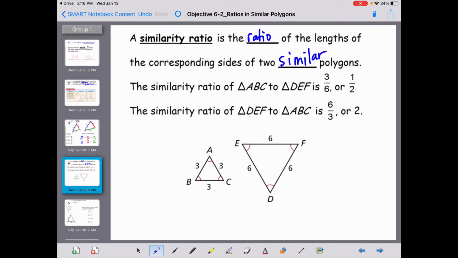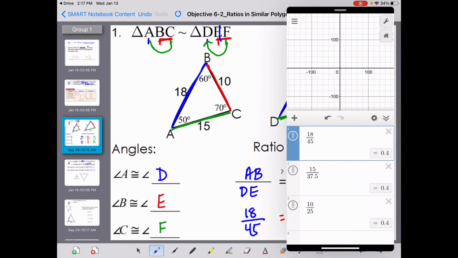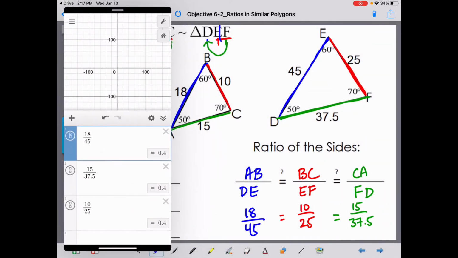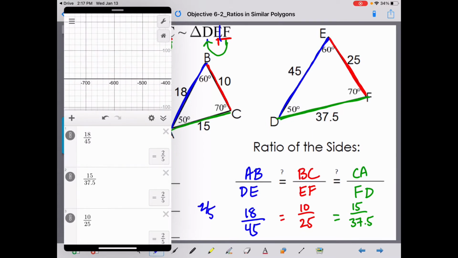The similarity ratio of ABC to DEF is 3/6 or 1/2. That's in this new example that we're given. And this example that I just did, that similarity ratio, let me pull my calculator back up. Notice how it gave me a decimal. Well, I want to hit my little button over here and get my fraction. So for this one, it would be 2/5. Okay?